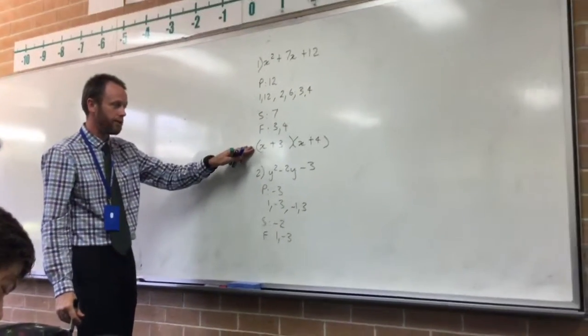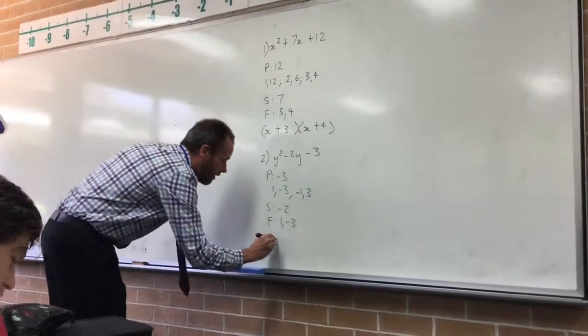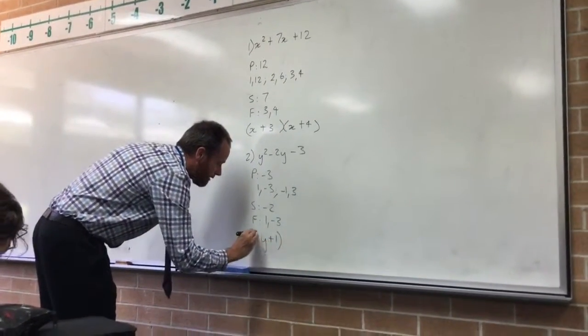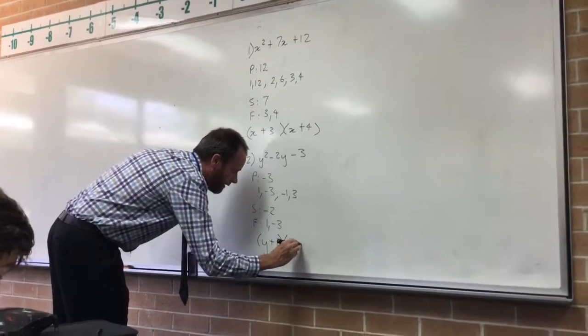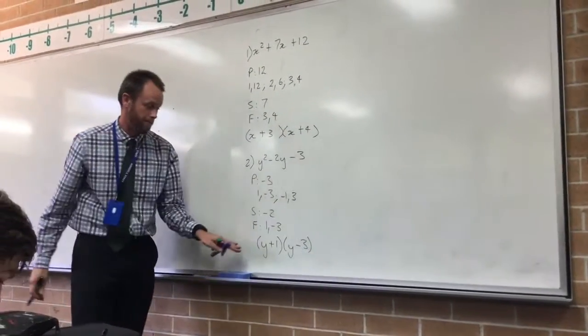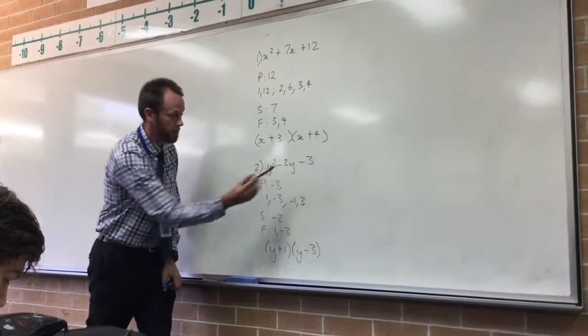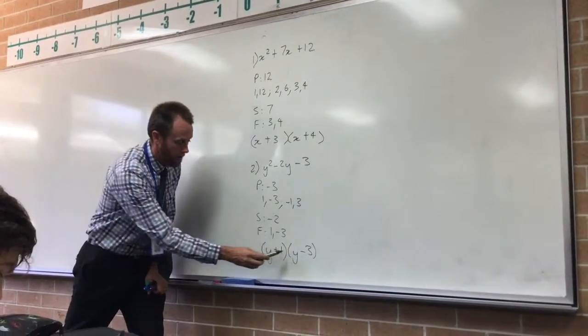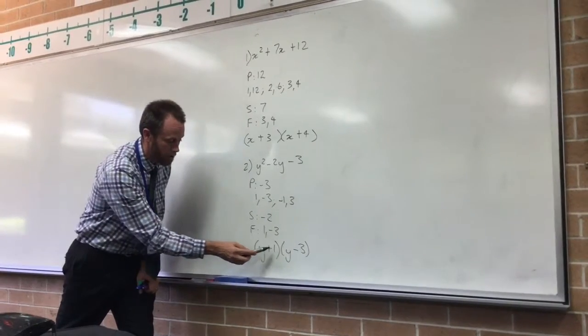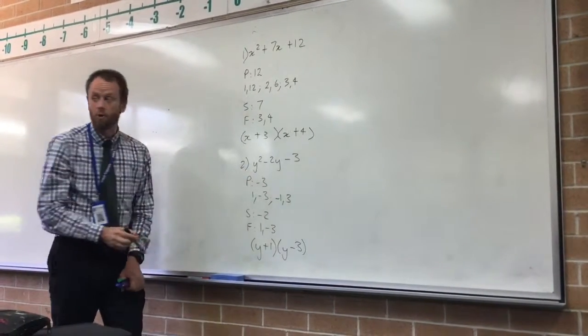Then I write it as a binomial, y plus 1, y minus 3. If I was to expand that back out, 1 times minus 3 gives me my minus 3. Minus 3 times y is minus 3y, plus 1y gives me minus 2y.